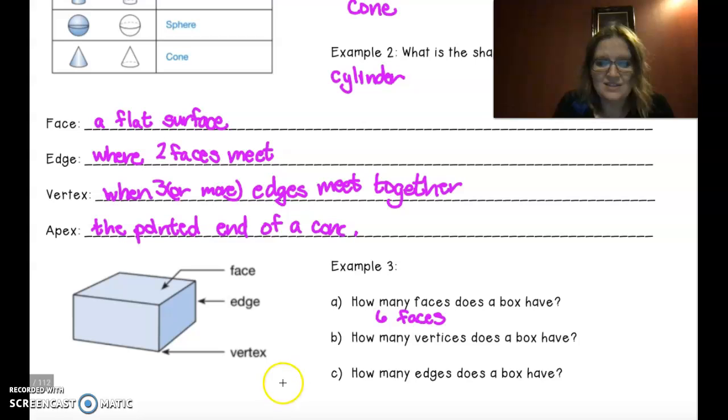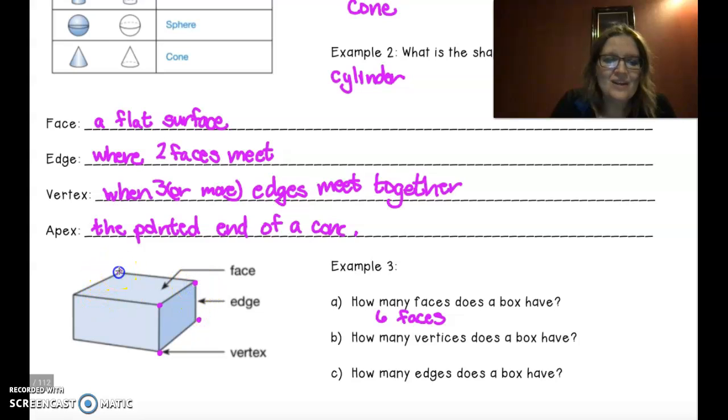How many vertices does this box have? Remember, a vertex is where 3 or more edges meet. So we've got these 3 faces, and we've got 3 edges. So here's one vertex, here's another, here's another, here's another.